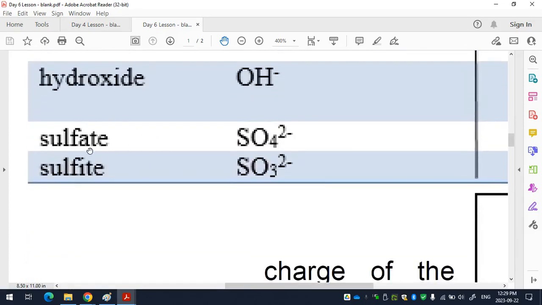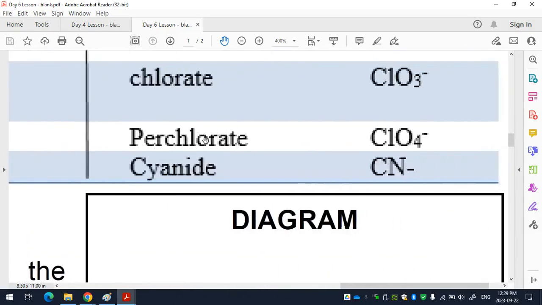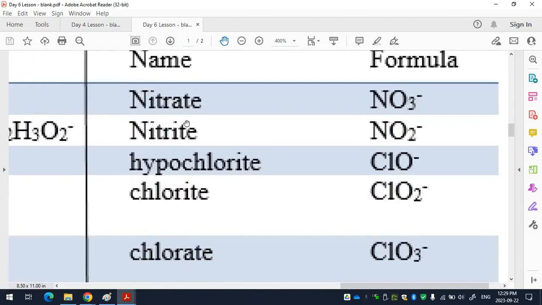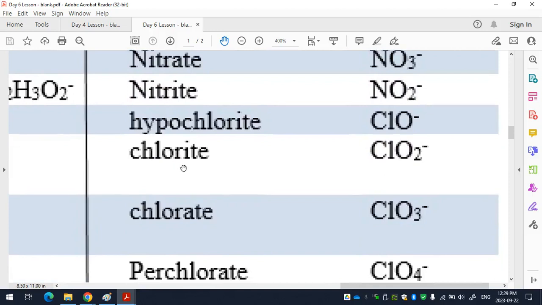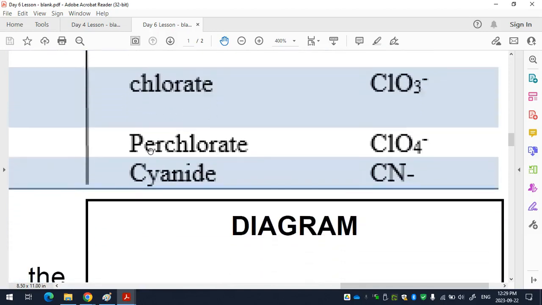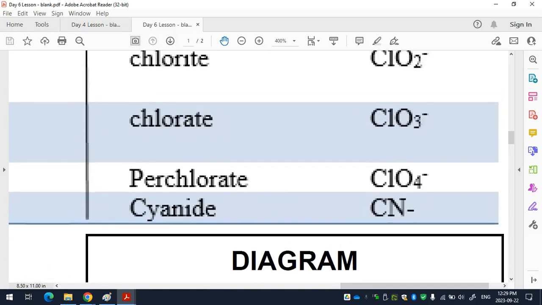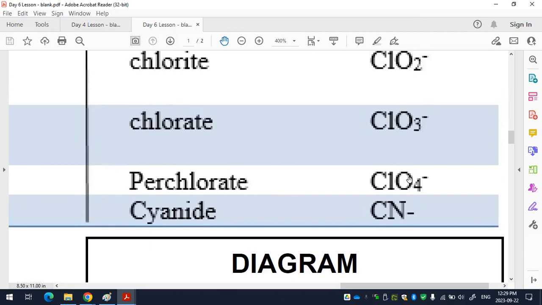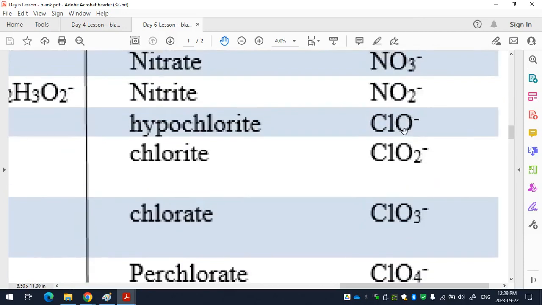What's this one? Sulfate. Nitrate, chlorate, perchlorate. By the way, what do you notice about all of these 8s? What's always at the end? Oxygen, oxygen.